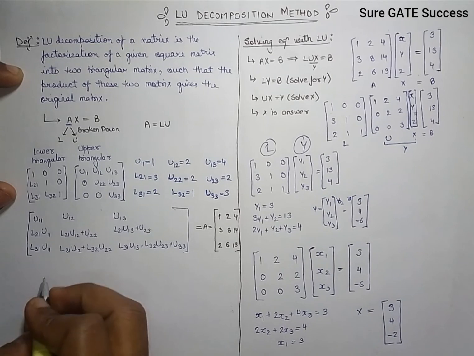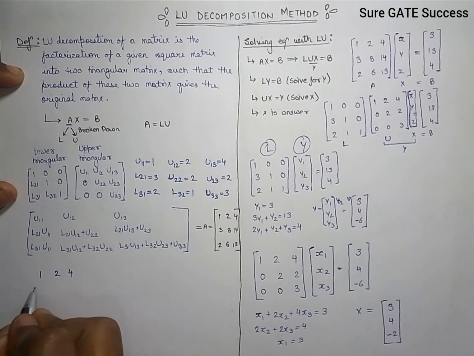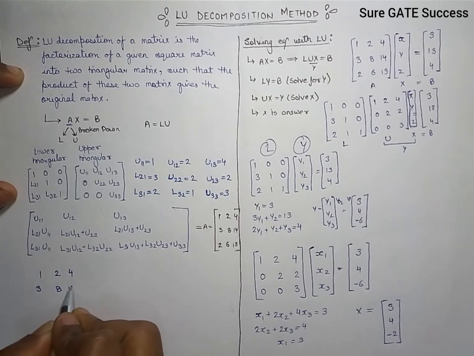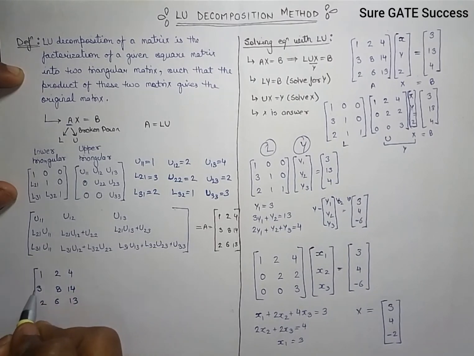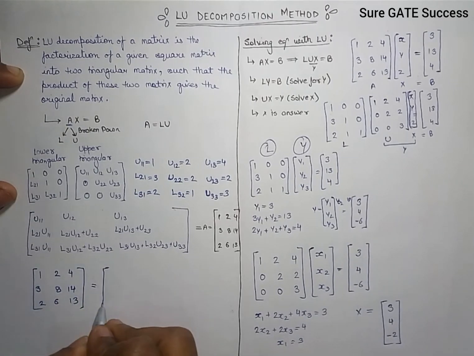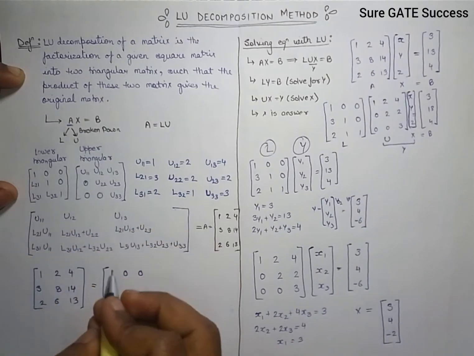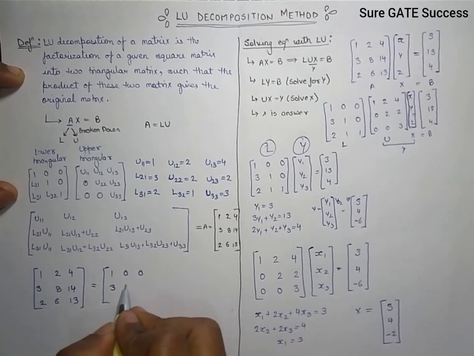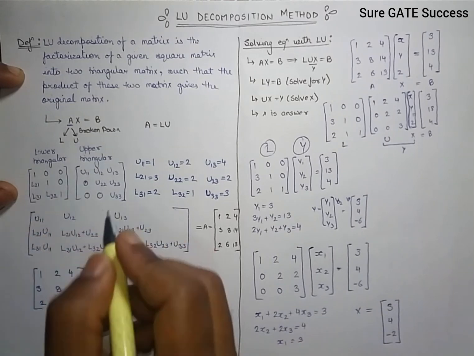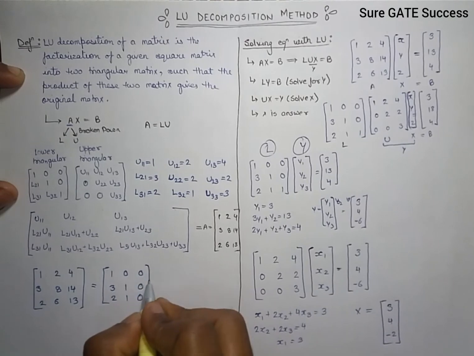So here you can write down the matrix A, which is 1, 2, 4, 3, 8, 14 and 2, 6, 13. So we have found the L and U. The L will be 1, 0, 0; 3, 1, 0; and L31 is 2, L32 is 1 and 1.